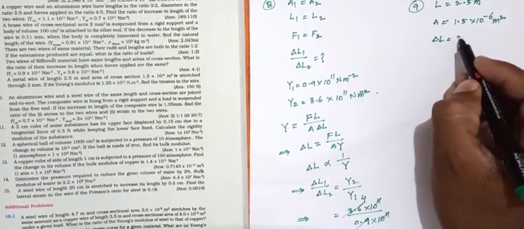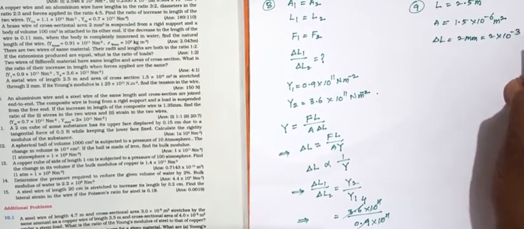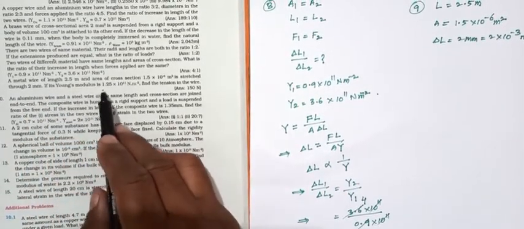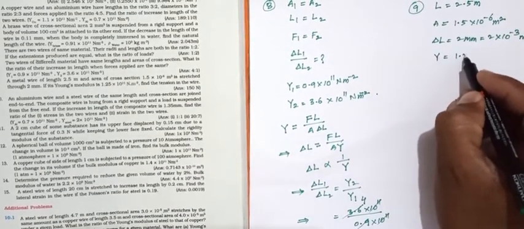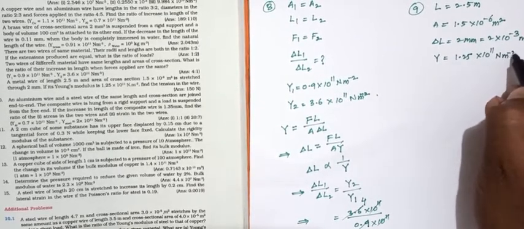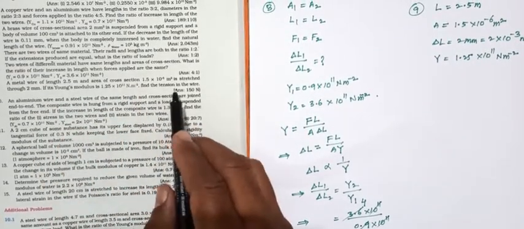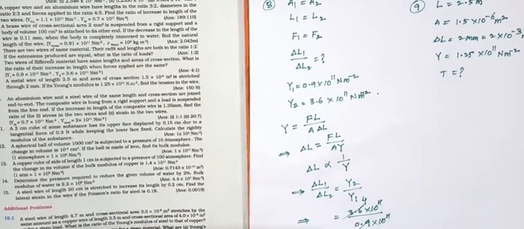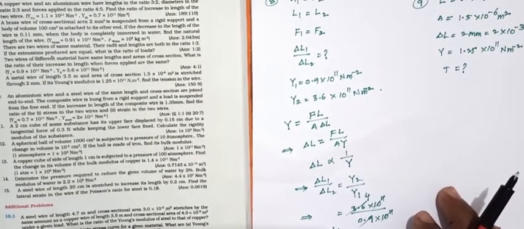Delta L equals 2 millimeters, that equals 2 into 10 to the power of minus 3 meters. Young's modulus Y equals 1.25 into 10 to the power of 11 Newton per meter square. Find the tension of the wire. Tension of the wire is nothing but the force on the wire.